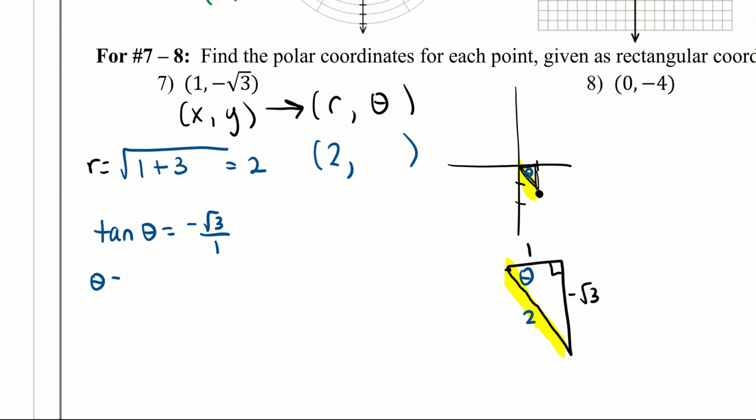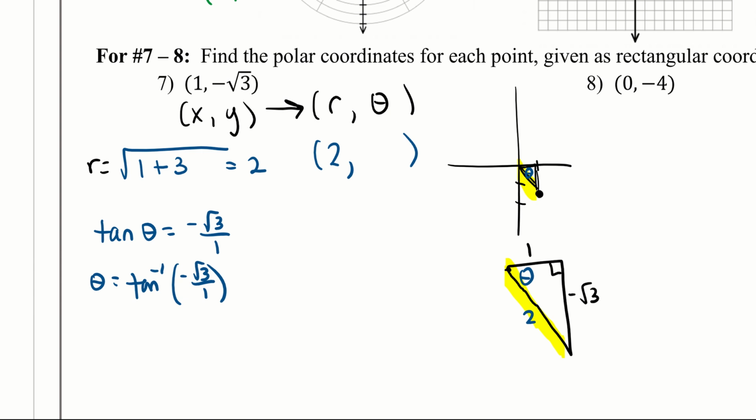So basically, I'm trying to figure out, what angle in the fourth quadrant would give me this tangent? Now, most of the time we have a domain restriction for tangent from negative pi over 2 to pi over 2. But when I'm using polar coordinates, it is helpful to find the actual angle as a positive angle. That's just the most common way. If you write it as a negative angle, that would still be considered correct.